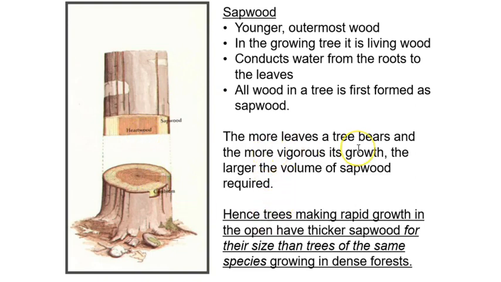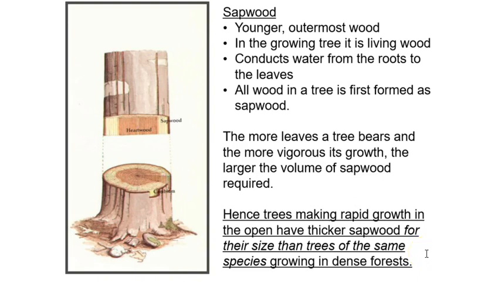So the more leaves that a tree has, the more vigorous its growth, the larger amount of sapwood is needed to move those nutrients and water up. So therefore, the conclusion is, hence trees making rapid growth in the open have thicker sapwood for the same size than trees of the same species growing in dense forests.